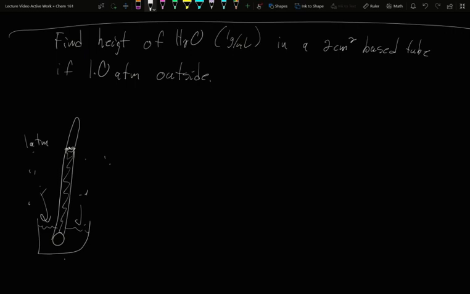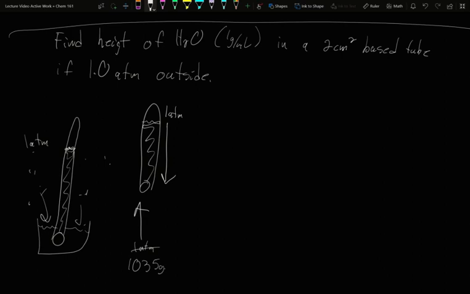So the pressure going up the tube, the up pressure, is 1 atmosphere again. And if I get to a certain height, the down pressure must also be 1 atmosphere. We can convert our weights again. 1,035 grams per centimeter squared would be the up pressure, and 1,035 grams per centimeter squared must be the matching down pressure.